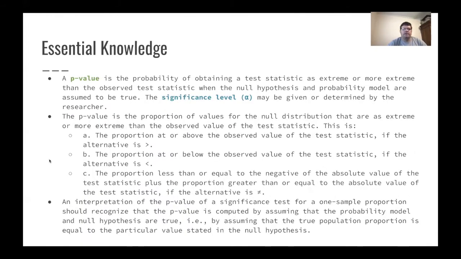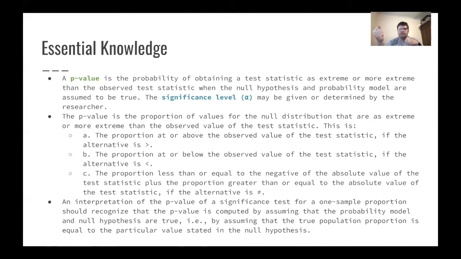So the p-value is the probability of us... So what we're going to do is set up those null and alternative hypotheses like we talked about last time, and we're going to gather some data. We're going to survey, we're going to measure, do something, and we're going to then calculate the odds or the probability of getting results like we got from our experiment if what we assumed in the null hypothesis was true.